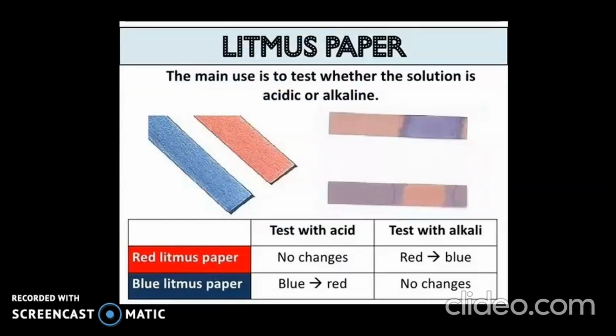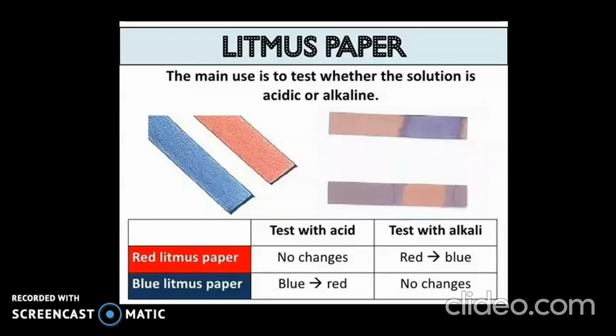So children, if we have two unknown solutions in two beakers, say beaker A and beaker B, and red litmus paper is dipped into the solution in beaker A, it remains red, and blue litmus turns red.